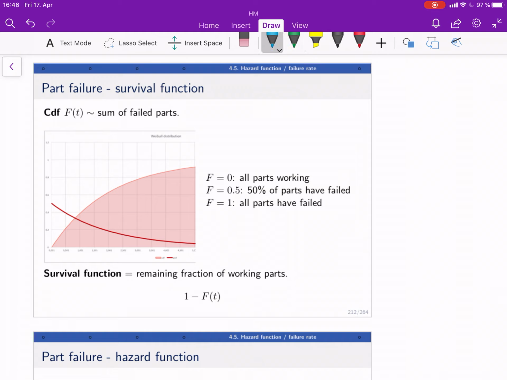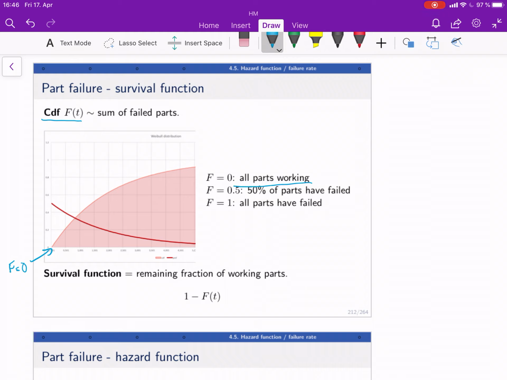An important thing is, if you think of the CDF, F of t, the sum of failed parts: when the density is the function of how likely it is for parts to break, then the CDF is the sum of the failed parts. That means when we start here on the left, capital F equals 0.